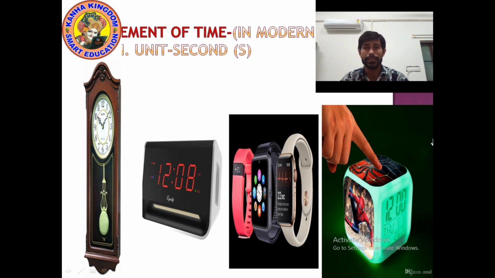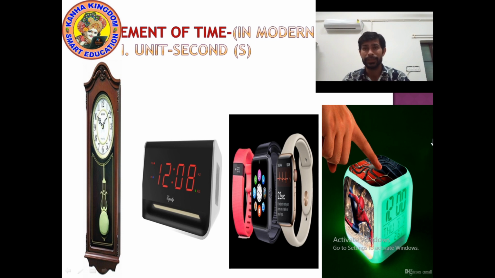It is not so expensive. You just need to wear it on your wrist and it will show the time. Not only time, you can do much more. So smartwatch is popular right now. Last, you can see a digital table clock.